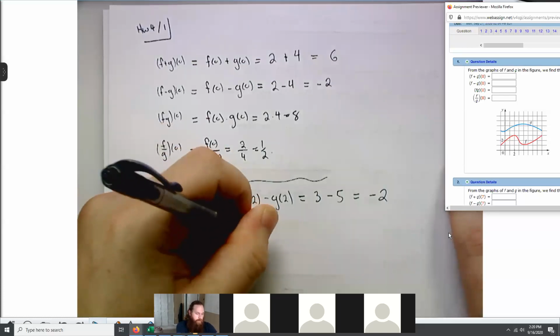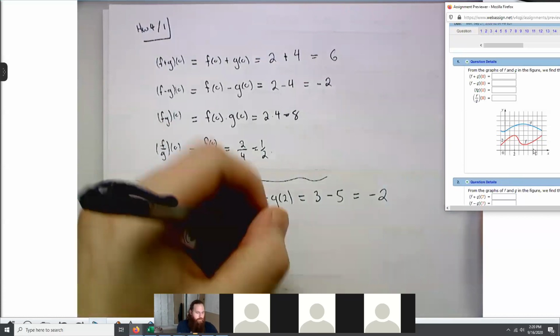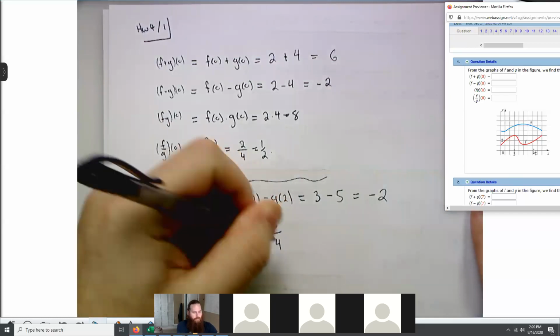That's what I would write down no matter what, just to get started. And then I look on my graph. I go over to x equals 8, 1, 2, 3, 4, 5, 6, 7, 8, that's here. F of 8 is 1, 2, 3. And g of 8 is 1, 2, 3, 4. So this is 3 over 4.